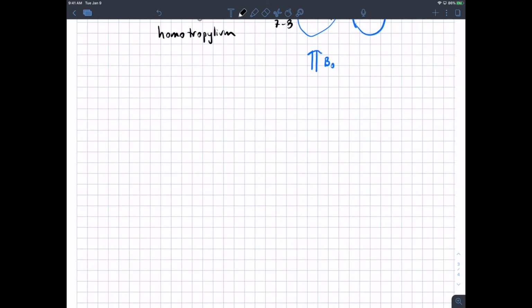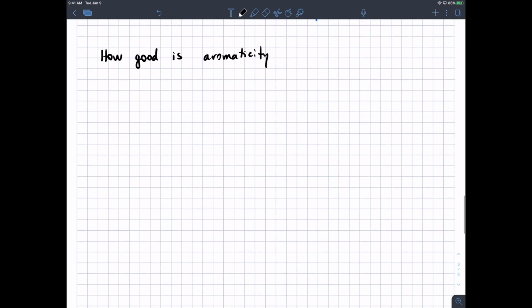So how good is aromaticity? An answer for that can come from what are called isodesmic reactions. This is where you set up a pretend reaction where you keep all the kinds of carbons and hydrogens constant.